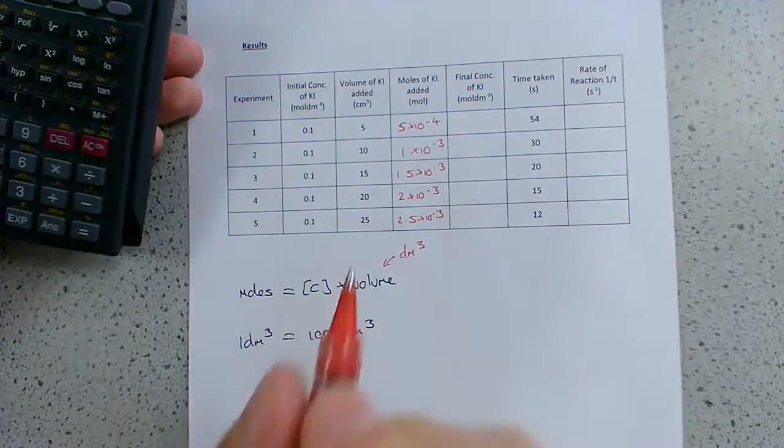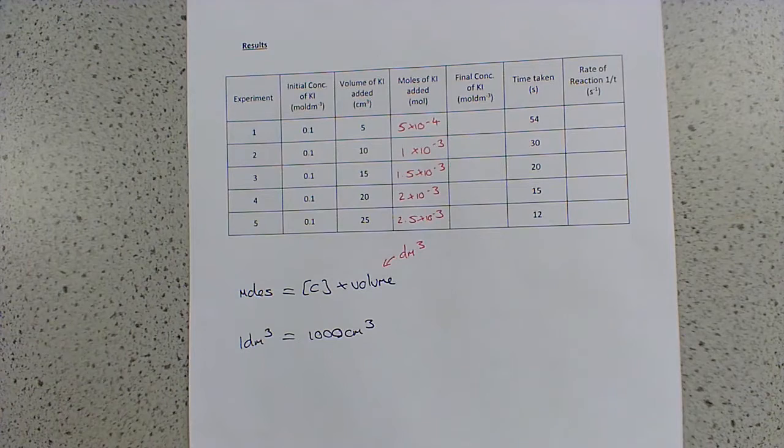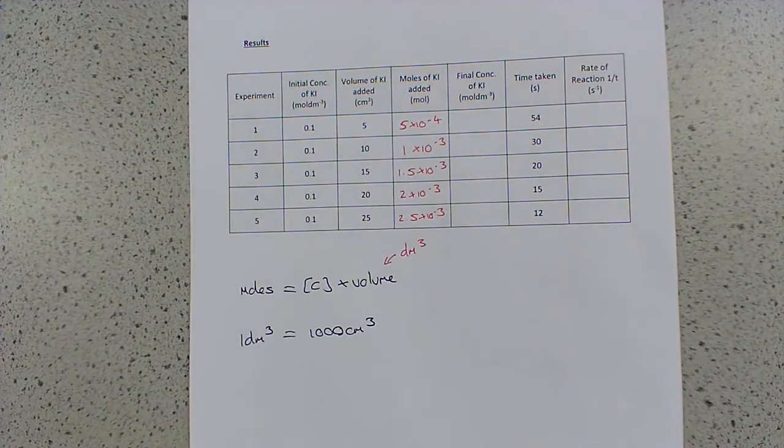So that is the number of moles we added to each one of these experiments, experiments 1, 2, 3, 4, and 5. And all we need to know now, if we want to know the concentration of potassium iodide in the solution, is how many moles there were, which we do now know, and what the total volume was. Each one of those experiments added up to 56 centimeters cubed.